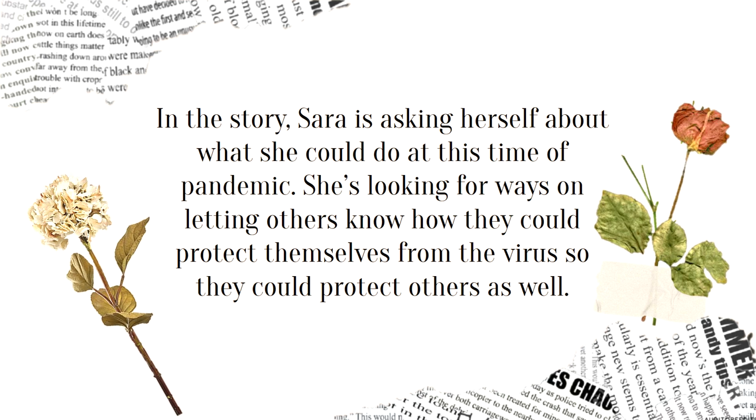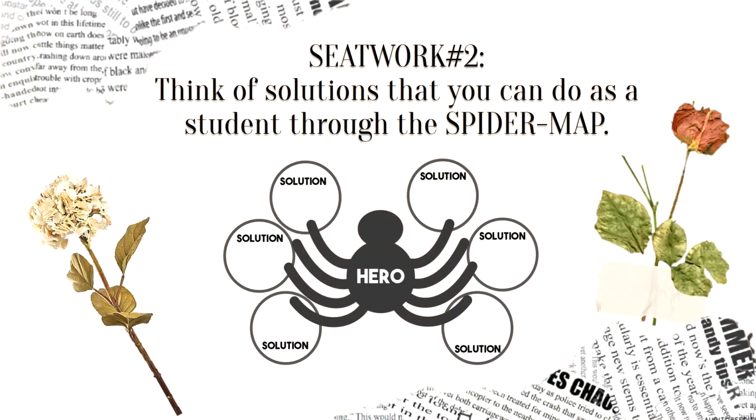So in the story, Sarah is asking herself about what she could do at this time of pandemic. She's looking for ways of letting others know how they could protect themselves from the virus so they could protect others as well. So for your sit work number 2, think of solutions that you can do as a student through this spider map.